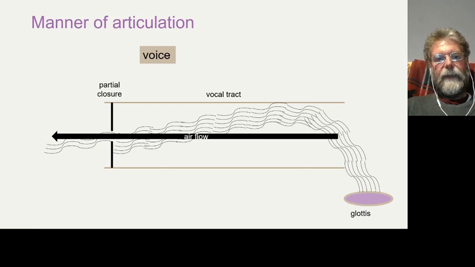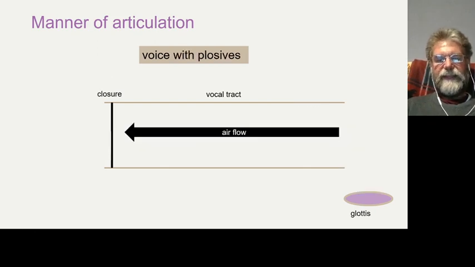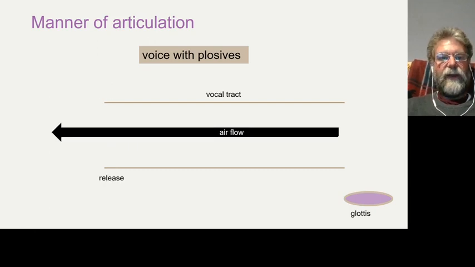Now, you can also do the same sort of thing with plosives, but here there are more options as to what you do. A plosive, as we've said, involves a closure of the vocal tract at some point and then a sudden release, allowing the air to flow out of it. Now, if you do that without vibrating your glottis, if you just allow the air to flow out, you get a puff of air coming.